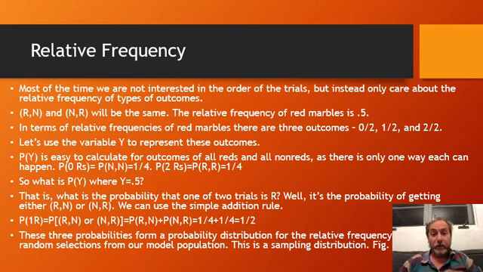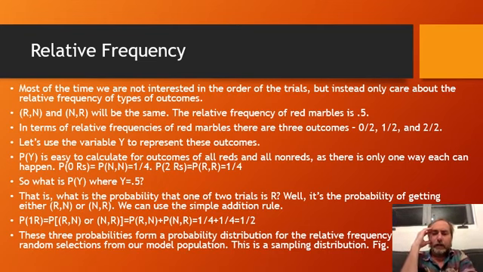The 0 reds and the all reds can only happen one way, right? There's only one out of the earlier set of 4 that are those. So the probability of 0 Rs is the same as the probability of non-red twice, which is 0.5 times 0.5, or 0.25. And likewise, the probability of getting 2 reds is, as we've seen, 0.5 times 0.5 or 0.25. So those we can figure out.